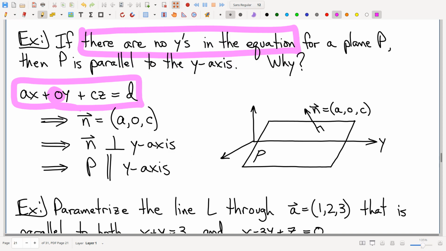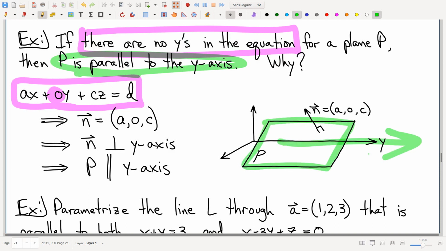Look, I see a 0. Poof, observed. You get a powerful geometric conclusion: the plane is parallel to the y-axis. So an easy algebraic observation gives you a useful geometric punchline. A pretty good thing to be aware of.